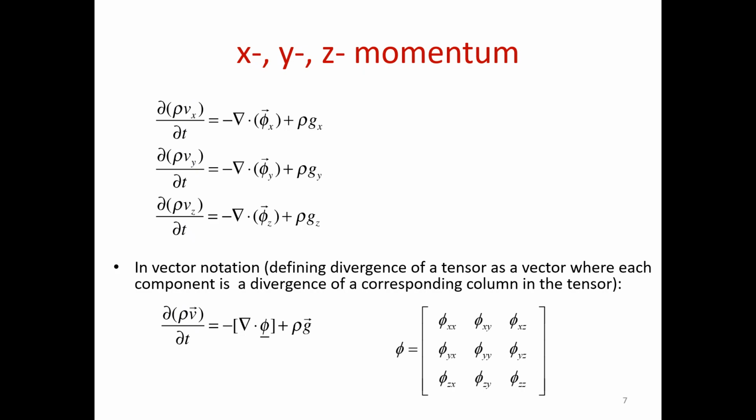Write it down on a piece of paper. Put rho vx, rho vy, rho vz into a column vector.